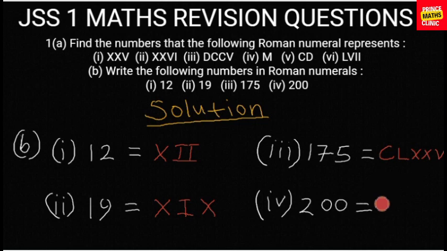That's the answer. Then 200 is a combination of 100 and 100, which is C. So that is the solution to this particular set of questions. So let's look at the second question.